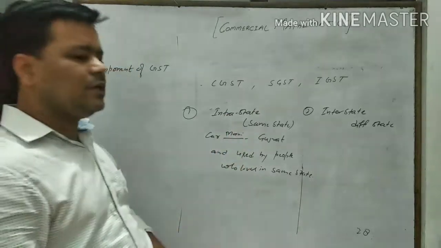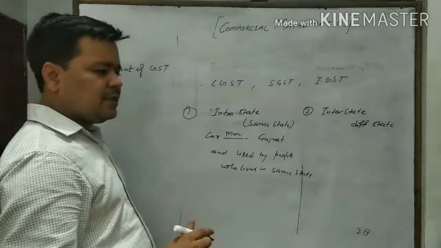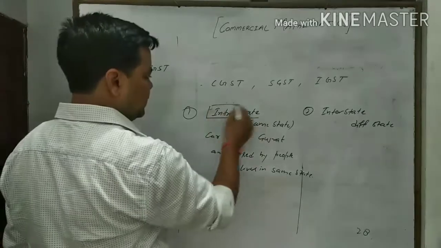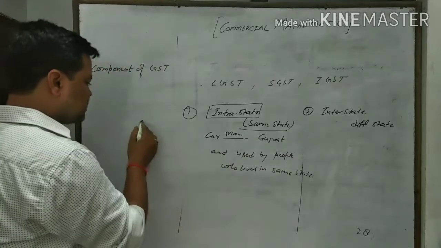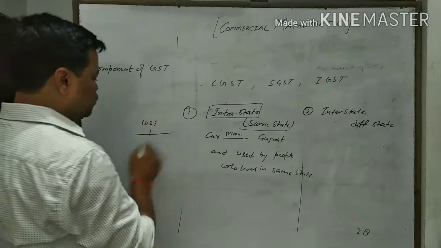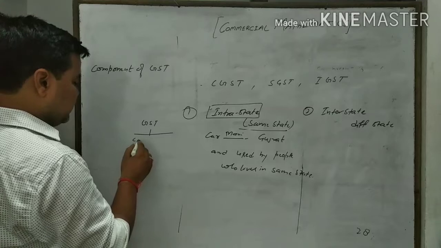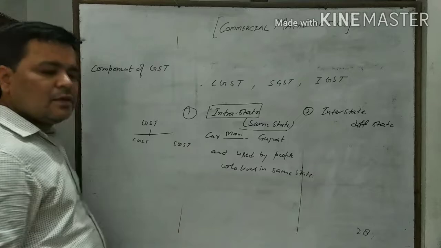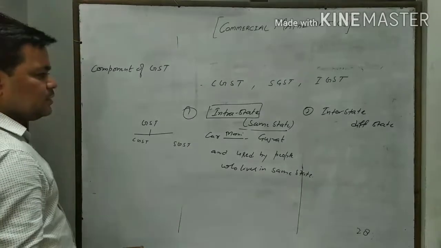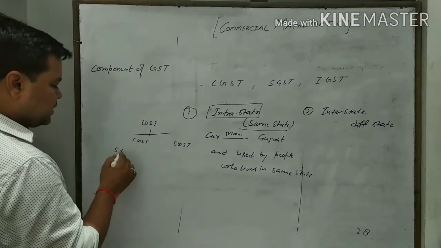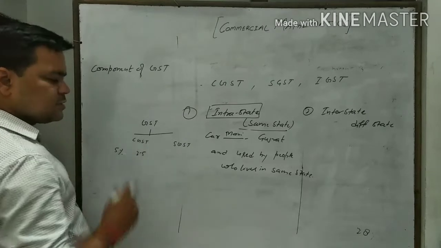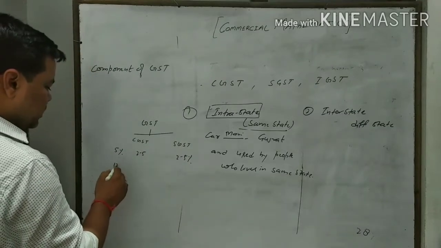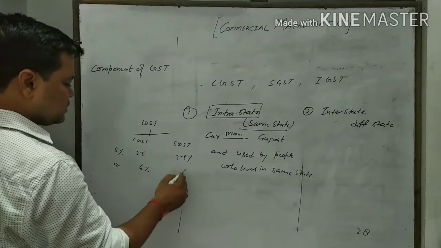So in the case of intra-state, that is the same state, the total GST is divided in two parts, that is CGST and SGST. It means if the rate of GST is 5%, then 2.5% for CGST and 2.5% for SGST. If it is 12%, then 6% here, 6% here.